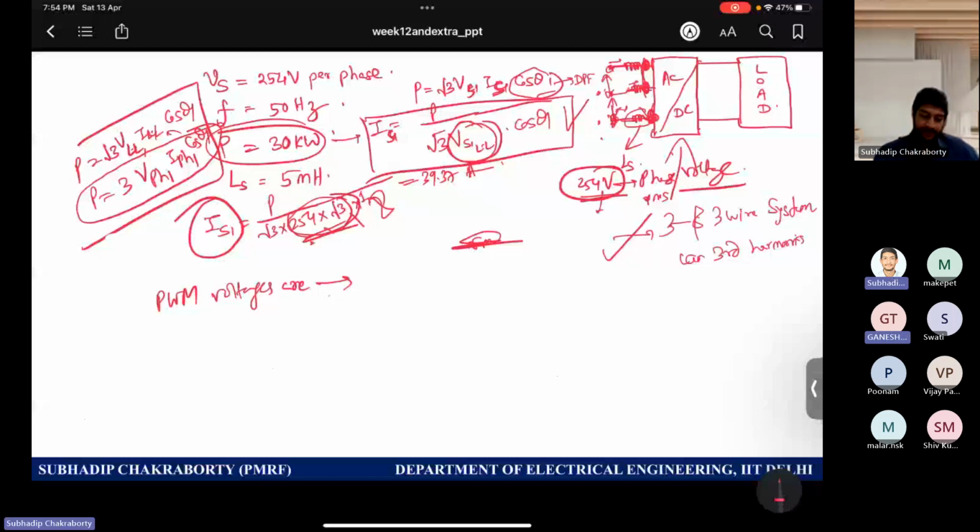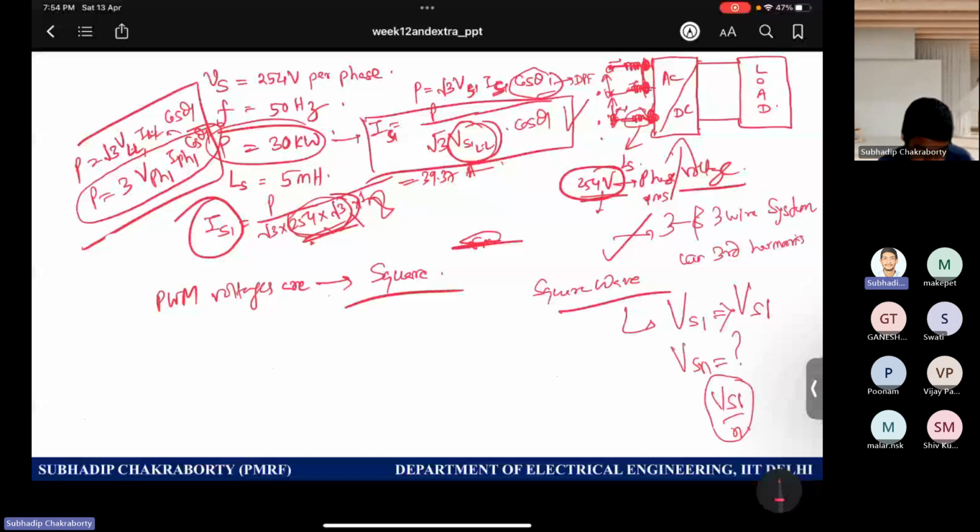By n, sir. By 11. VS1 is, for example, VS1. Amplitude I am telling, maybe peak, maybe RMS, I don't bother, okay? So VSN is what? VS1 by N, okay? 1 by N times for a square wave, remember.